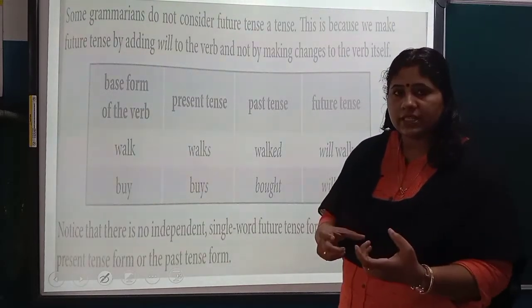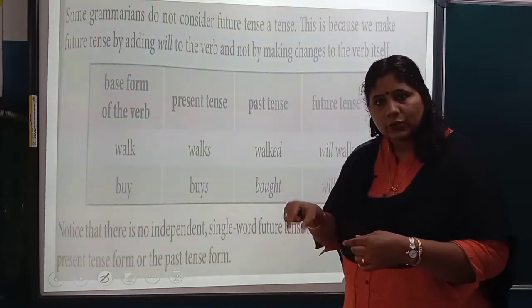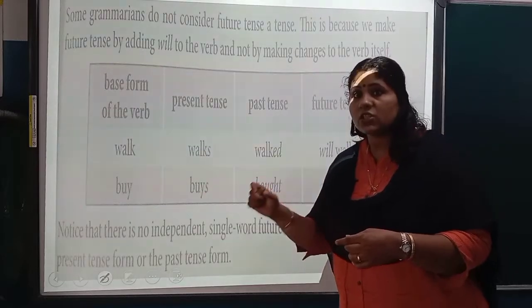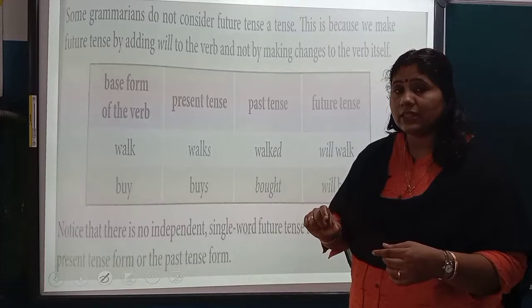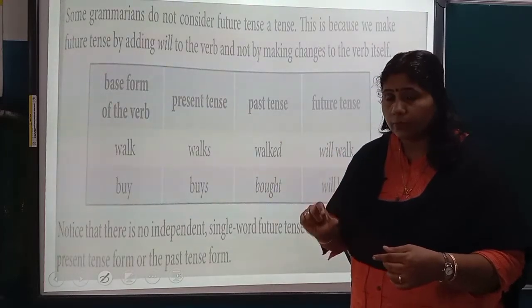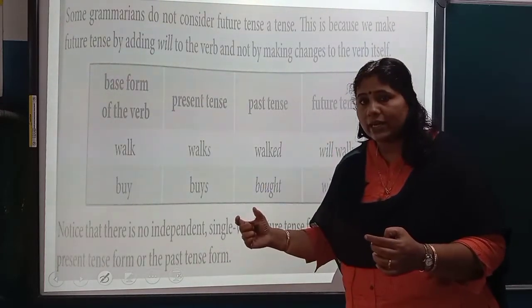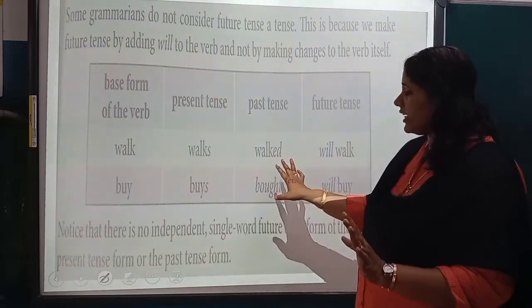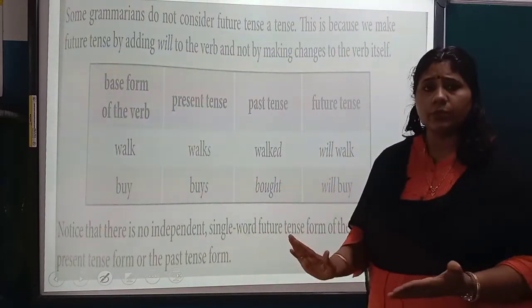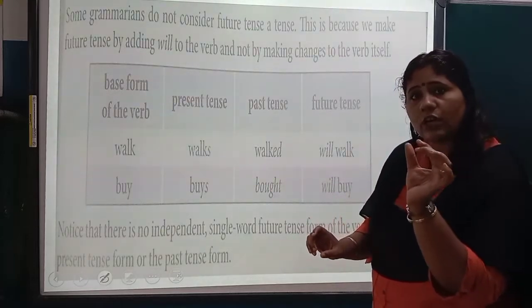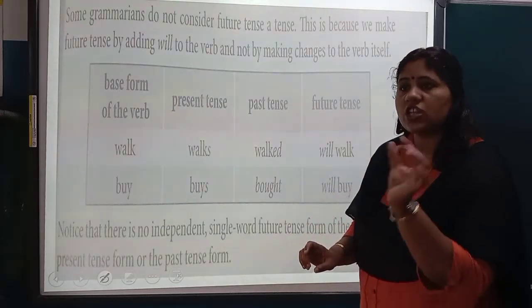If it is present tense, you will add s to the verb. He sings well. If it is past tense, you will make a change in the verb. He sang well. But in future tense, you are not making any change in the verb. You are just adding one word, will or shall.